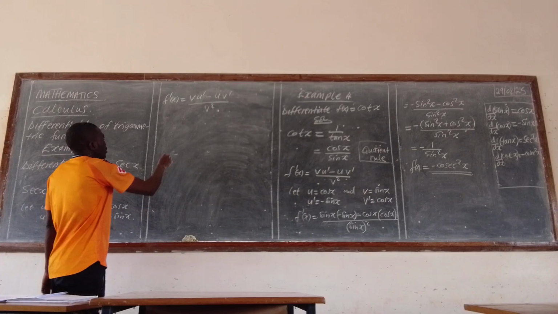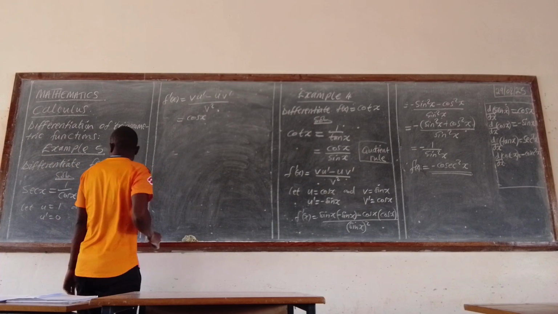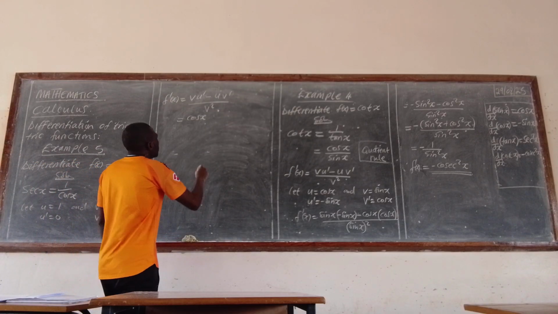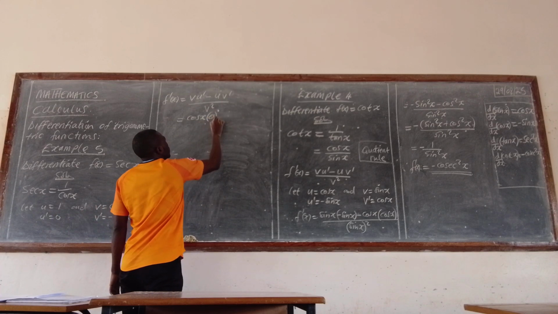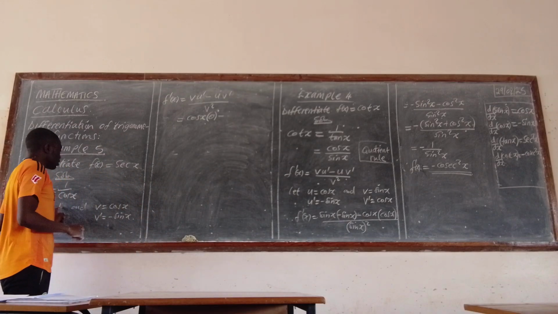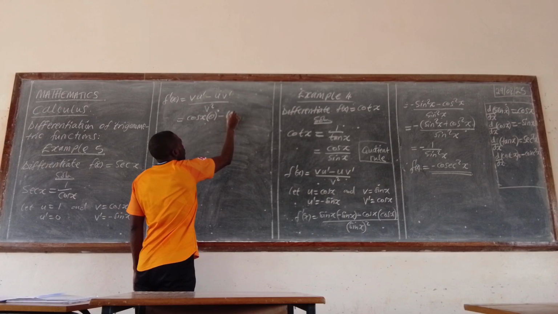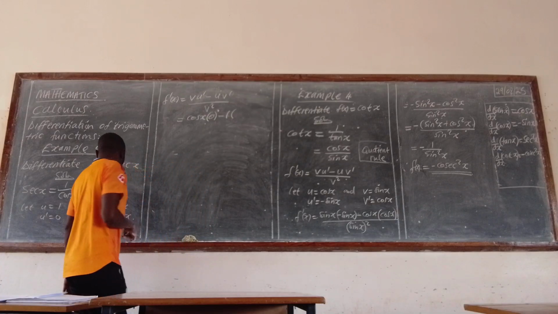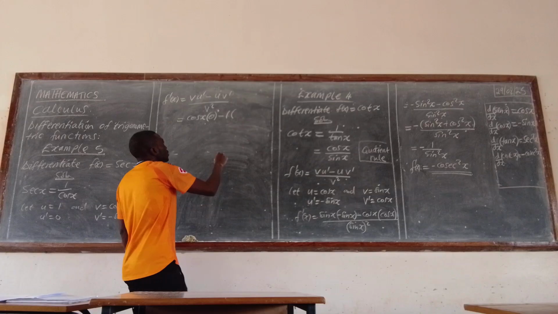What is our v? Our v in this case is cos x. Then what is our u prime? Our u prime is 0. Then minus, what is our u? Our u is a 1. Then we have our v prime. Our v prime is our negative sin x.